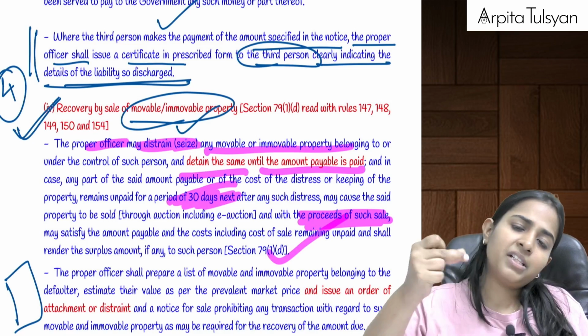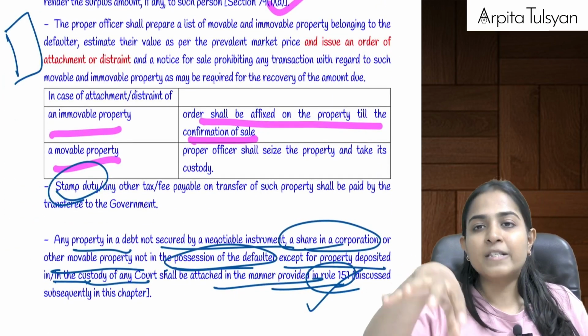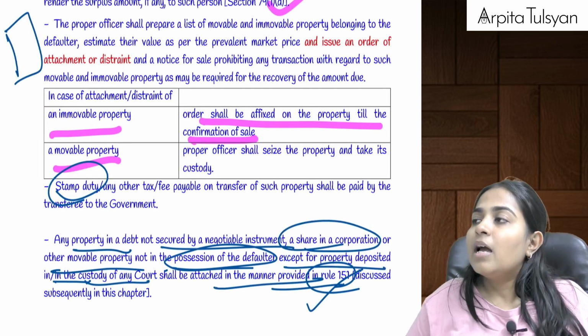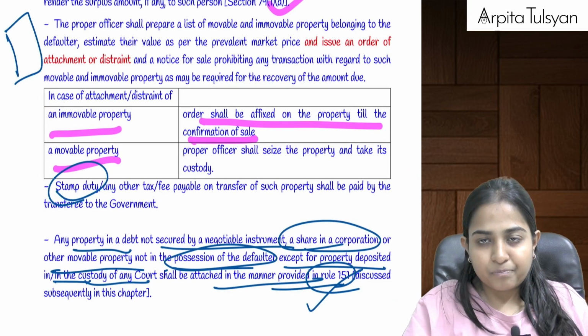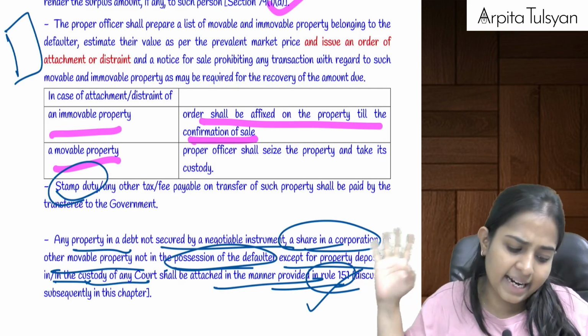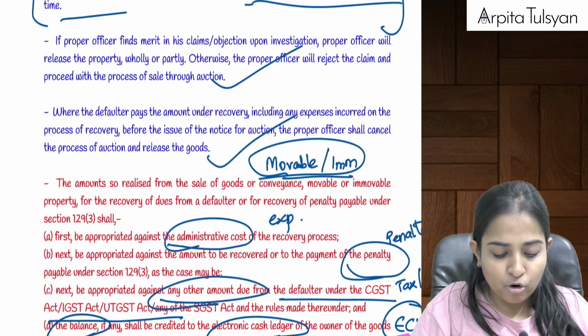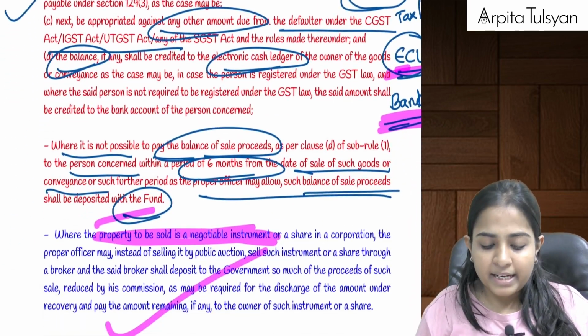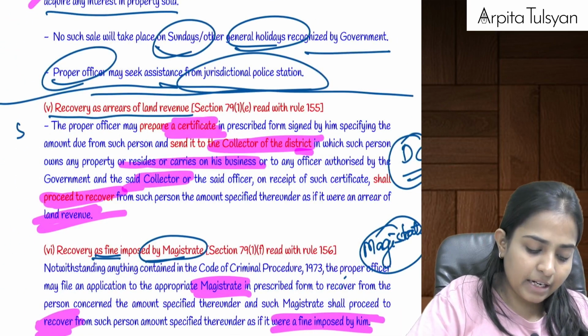If not, I will start selling your property. On immovable property I will put a notice that it has been seized; movable property I will take under my control. This is how, by selling the property, the amount is recovered from the defaulter.